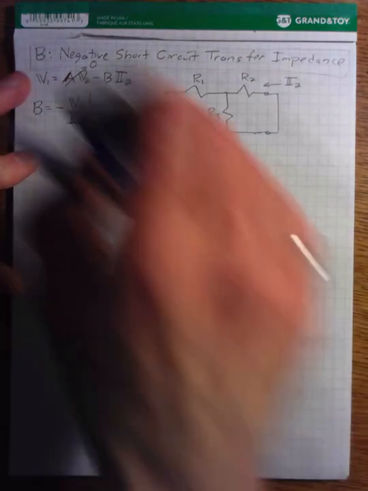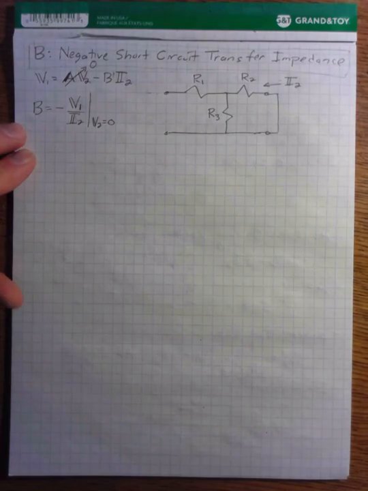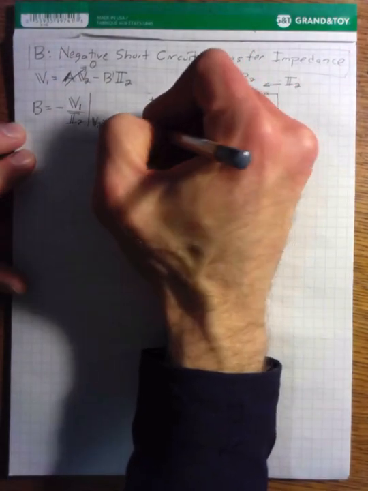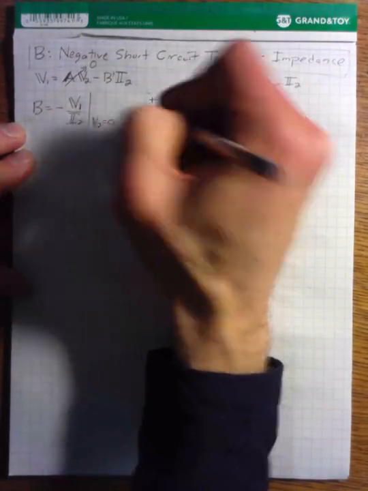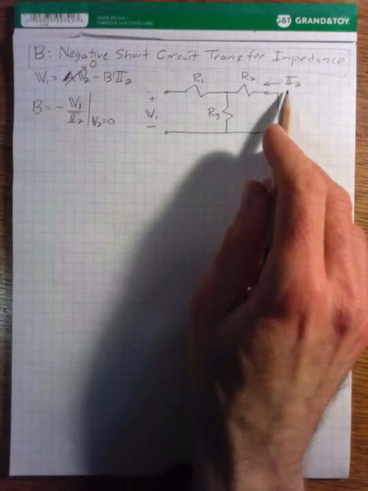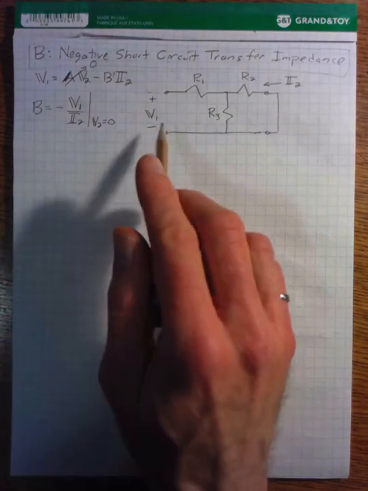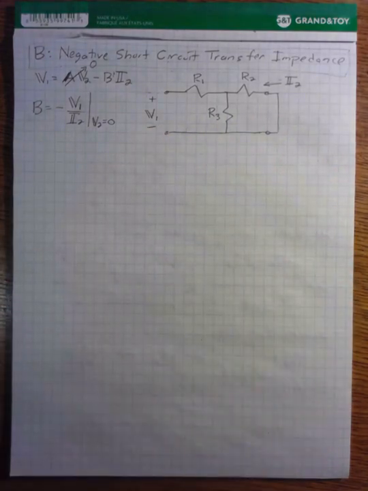Oh, sorry, I made a mistake over here. This should be V1. And then we apply V1 to our left-hand port. And so basically what we need to do is we need to solve for I2 and for V1, or we need to solve for the ratio basically.